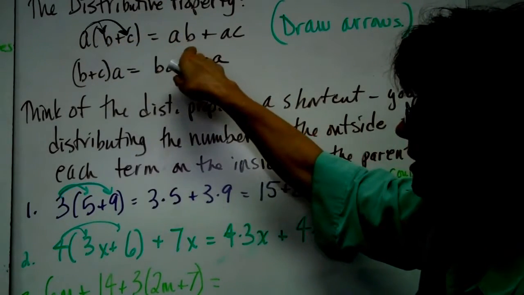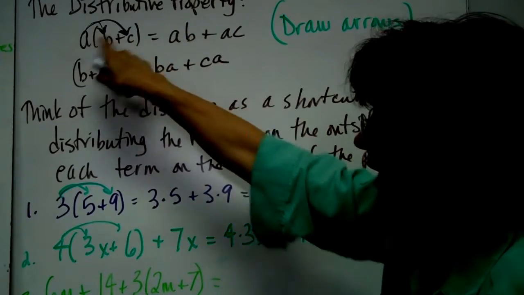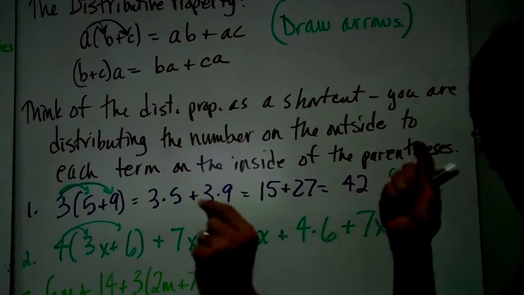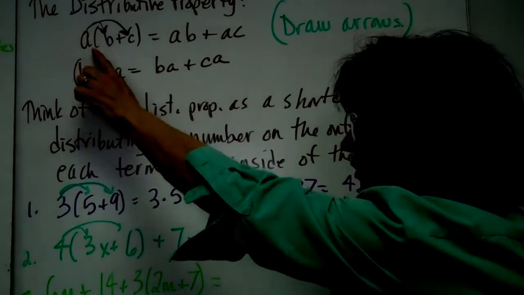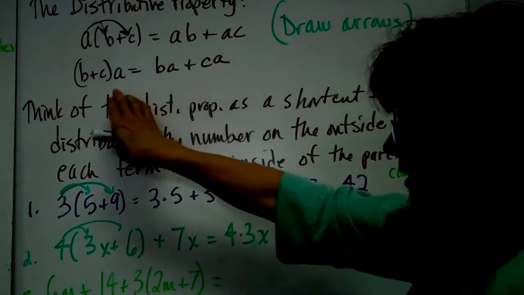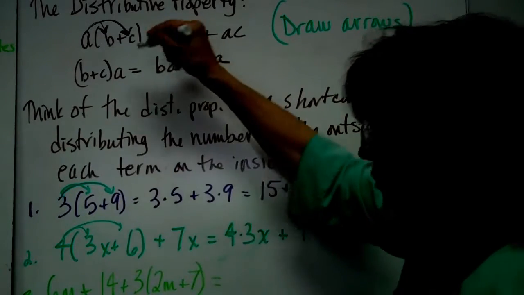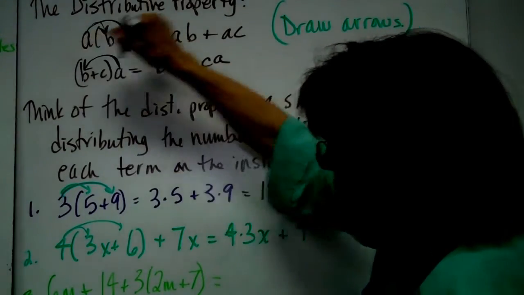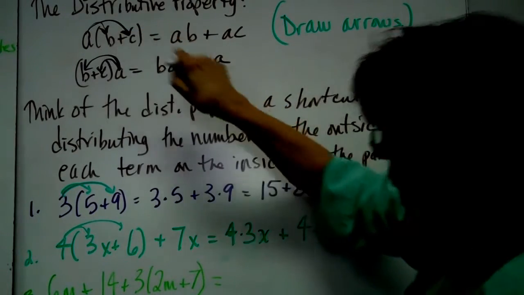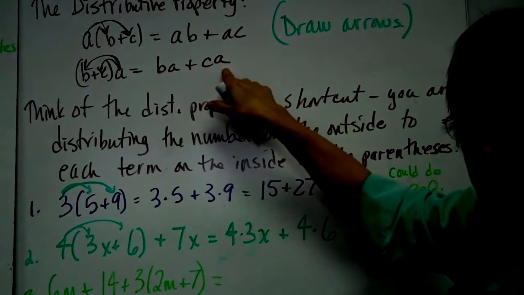So it's a times b plus a times c. Because with multiplication we can switch things around, by the commutative property, I could put the a on the end, and I would still do the same thing. You still distribute the a to the b, being b times a, and then the a to the c, which would be plus c times a.